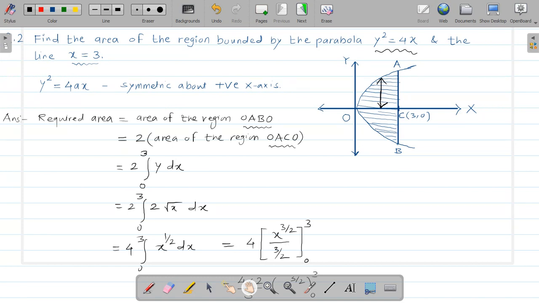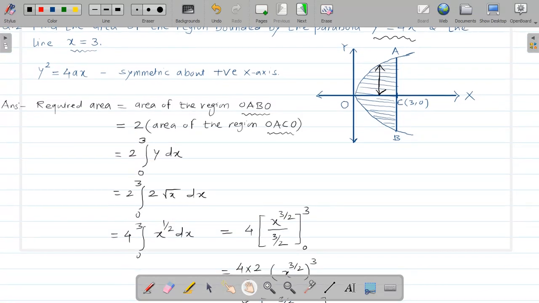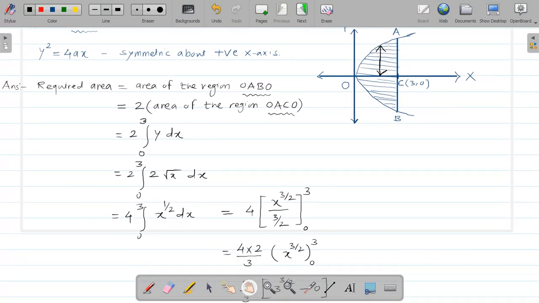Now this particular region, the shaded region shown in this figure, is not bounded to x-axis or y-axis. So that's why we have selected the region OACO only, which is bounded to x-axis, and 2 times of that is the required area. Okay, so this is the method to get the area of the given region.